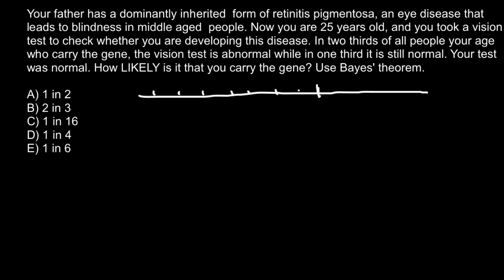And of course, with the passing time, as you see, there is more probability that someone has not inherited this genetic disorder than the probability that this person inherited it.